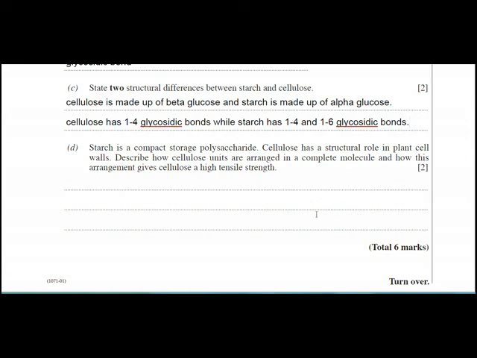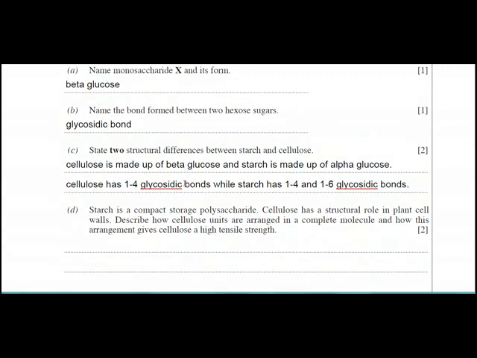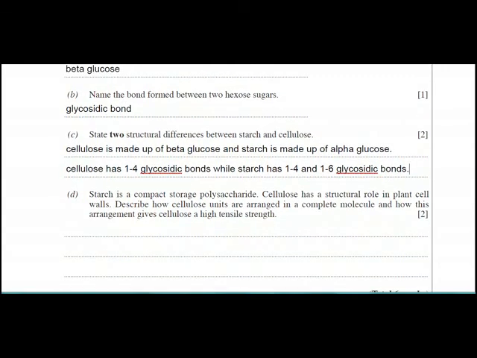Now you're asked to describe, and of course that's another command word there. Describe how cellulose units... The examiner's being careful here. He's called it cellulose units. He couldn't put beta glucose here because he would have given you the answer to part A. So the examiner's being very careful not to help you out here, which is right, I suppose.